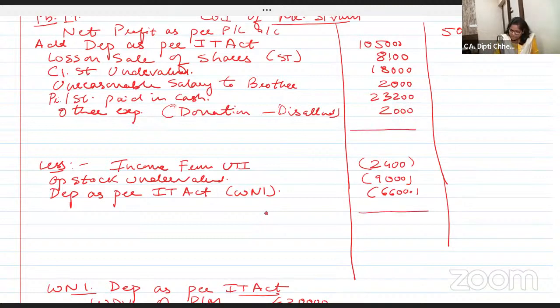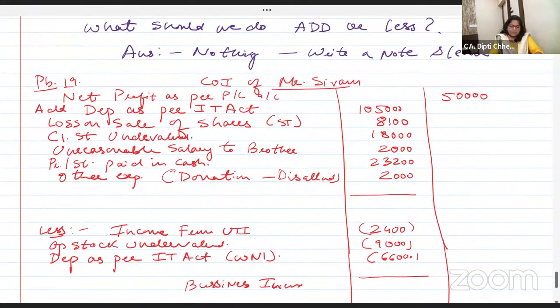Do the add part, do the less part. What you are getting, you just have to calculate business income. अब आपने जैसे इनकम फ्रॉम यूटीआई निकाल दिया तो मैम उसको अदर सोर्स में बताना है. नो, नॉट रिक्वायर्ड. Faster than me, do the total faster than me and put it in the chat box.